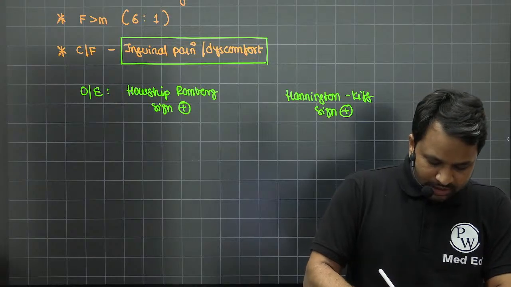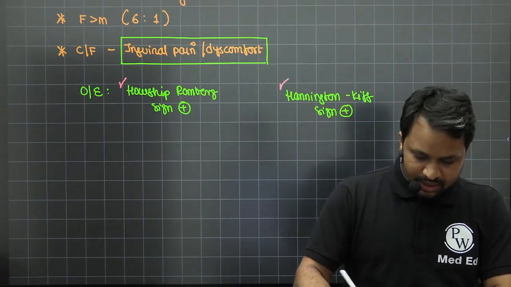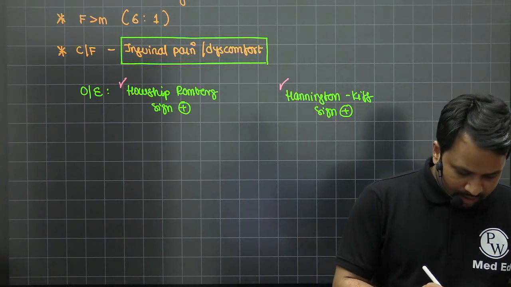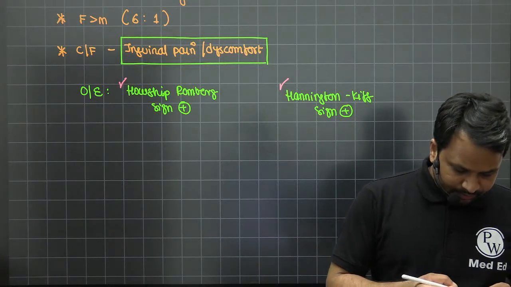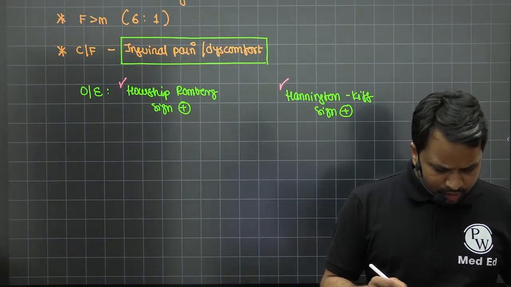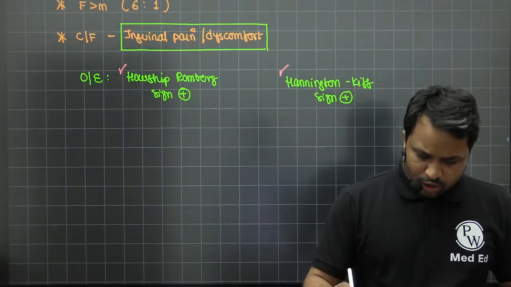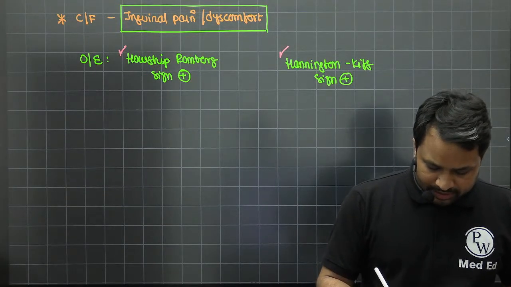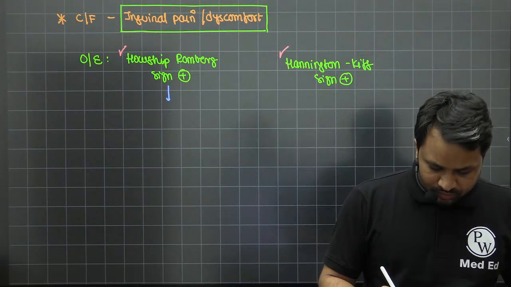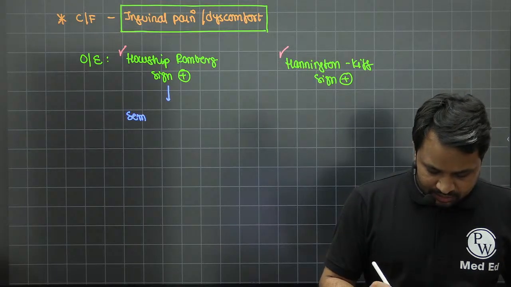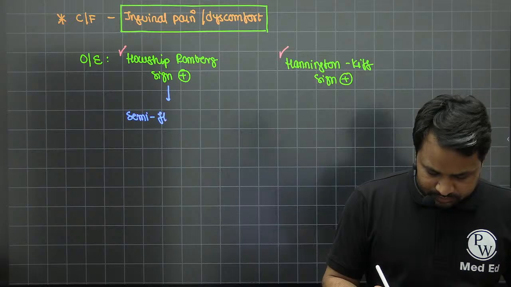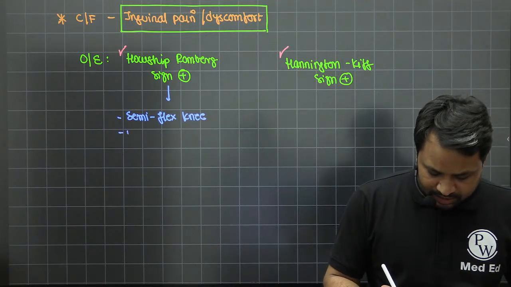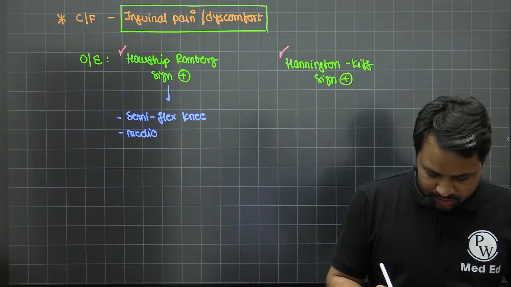So there are two signs that you have. Number one is Howship-Romberg sign, another one is your Hannington-Kiff sign. Okay. Now what is this Howship-Romberg sign? So how do you demonstrate this Howship-Romberg sign? You will ask the patient to lie down, and then I am going to semi-flex the knee and then cause medial rotation.